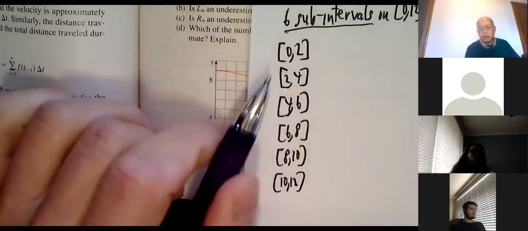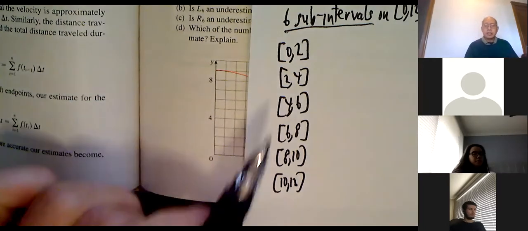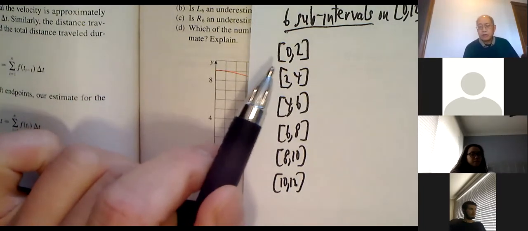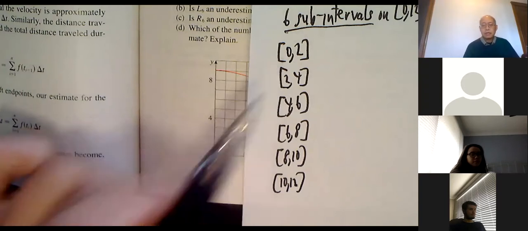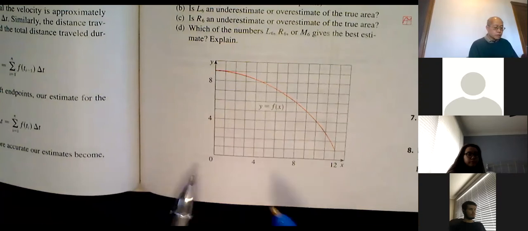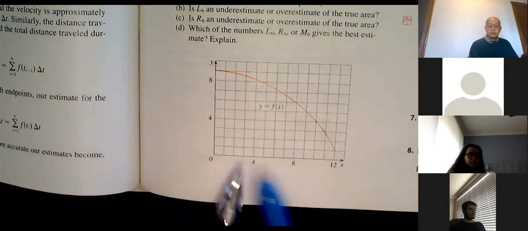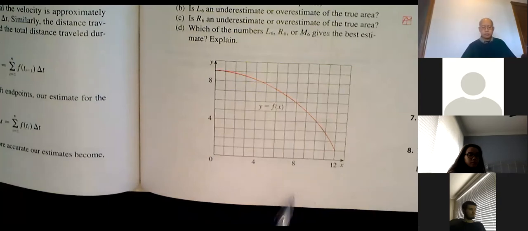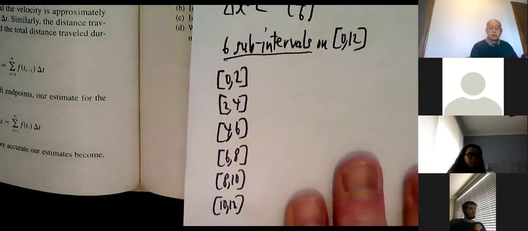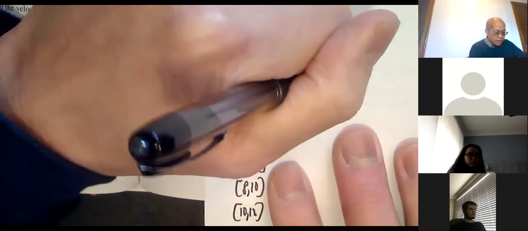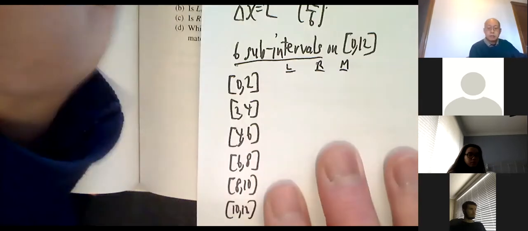In case you're wondering, in general, you don't have to write all these down. For this first problem, I'm going to write them all down. But in general, you know what to do once you get it, I suppose. Okay. So there are 6 smaller intervals, right? 0 to 2, 2 to 4, 4 to 6, 6 to 8, 8 to 10, 10 to 12. Left, right, middle.